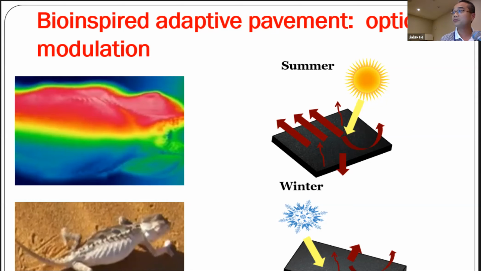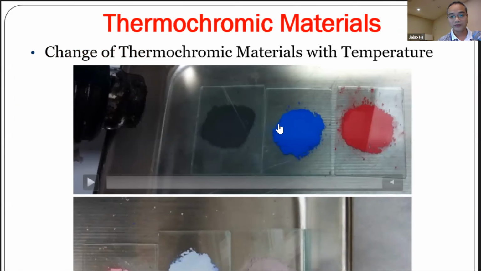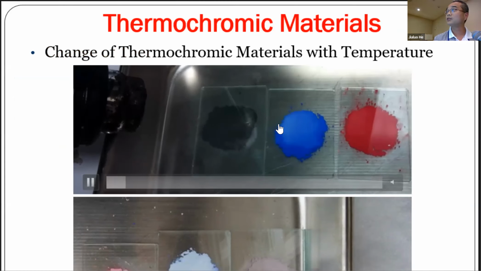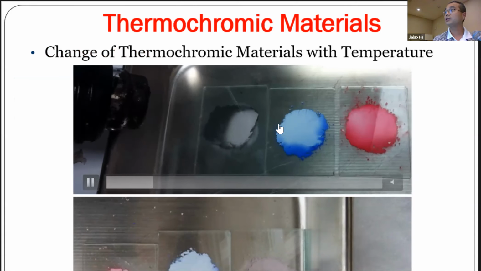From this kind of biological thermal modulation, we try to come up with a pavement material that can deal with both extreme cold and extreme hot environments. In this aspect, we are looking at properties beyond mechanical properties, such as solar reflectance modulation. This is a thermochromic material that is activated by a temperature threshold.